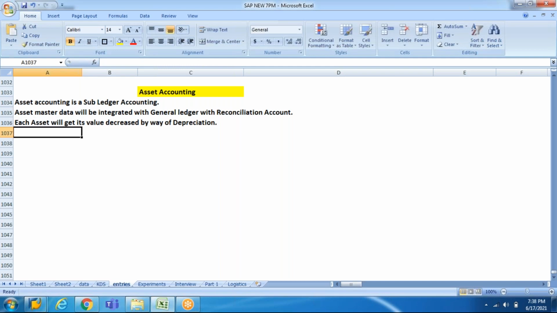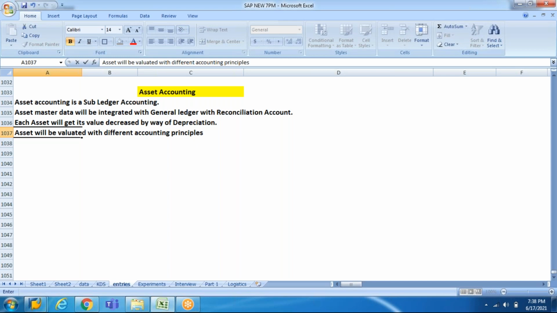This is one point. And one more thing, an asset will be evaluated with different accounting principles.